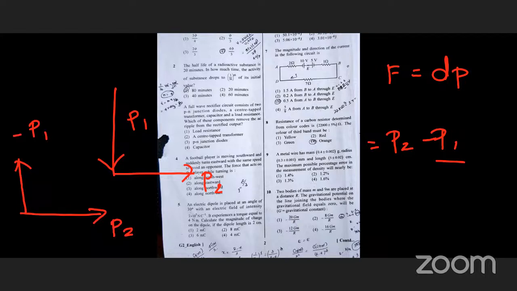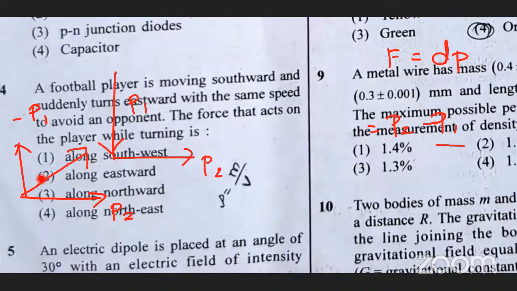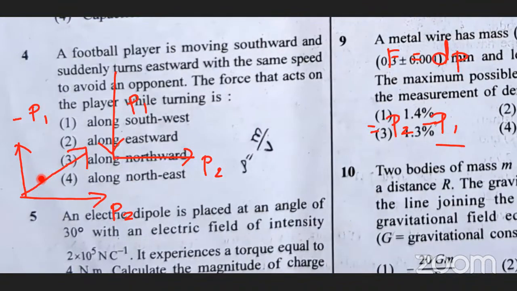If you add these two, this is the resultant vector. This is nothing but the change in momentum, p2 minus p1. So this moves along the northeast direction. So the force also moves along the northeast direction. So the answer for this question is along northeast, option number 4.